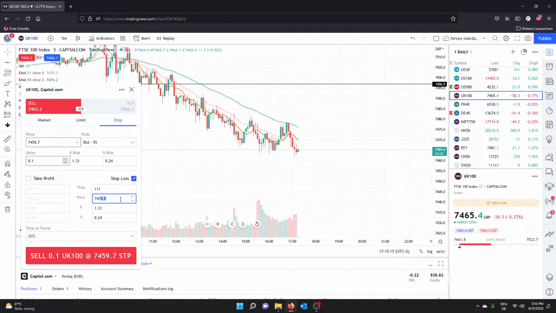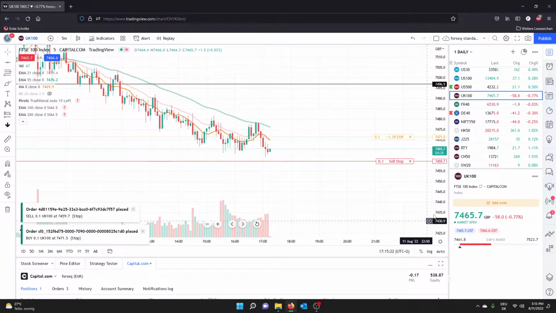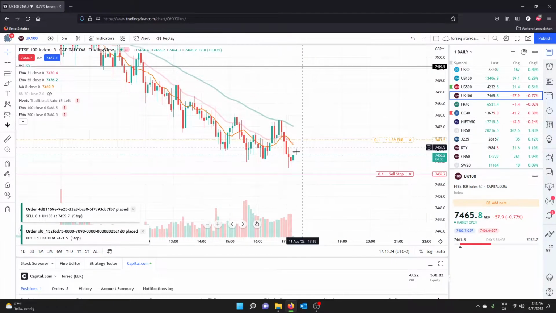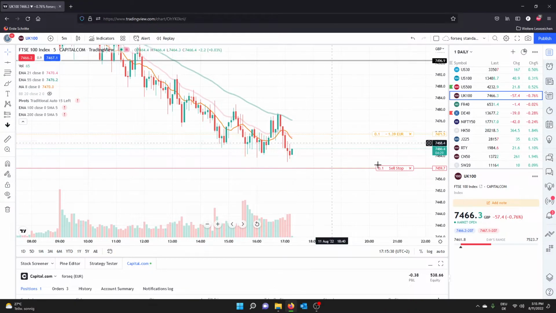We do 71.5. Yeah, okay, we did a stop trade here, which means that if the price breaks this level here, our broker will automatically open a position and set our stop loss here.